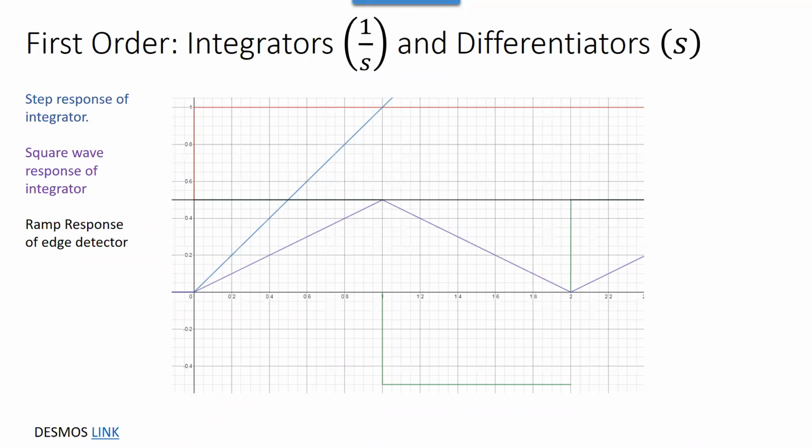So let's just do some simple first order things, where an integrator is a first order system, right? And if I do the step response of that, it turns into an integrator and you get a ramp, which is the blue line.